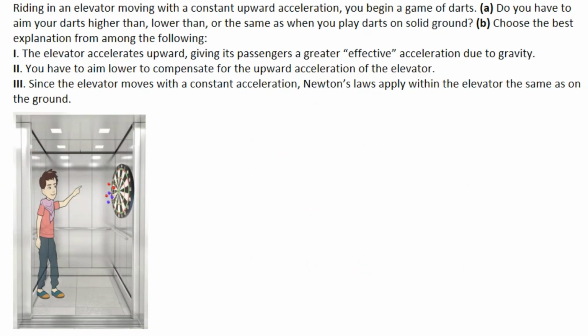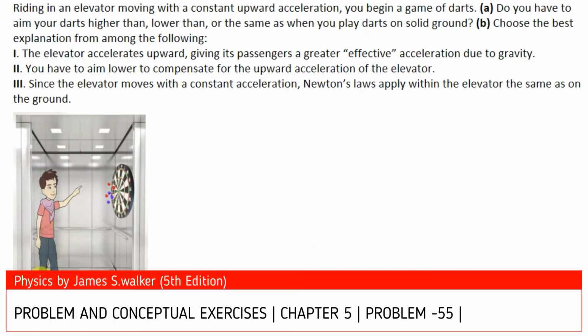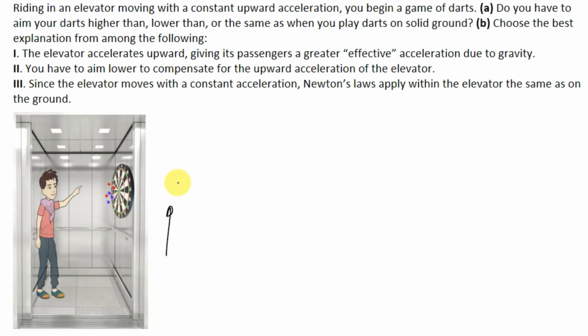Now in this question it is given that you are riding in an elevator which is moving upwards with an acceleration a. Now you begin a game of darts that you can see here. We have to tell whether you have to aim your darts higher than, lower than, or the same as when you play darts on the solid ground.